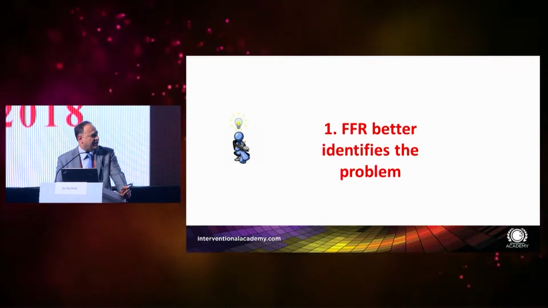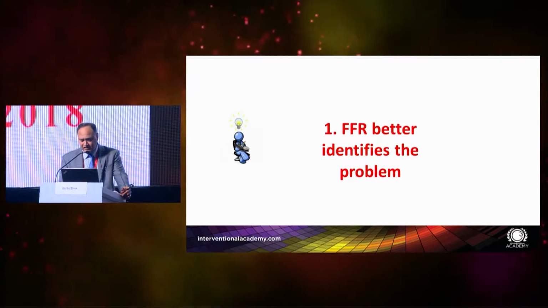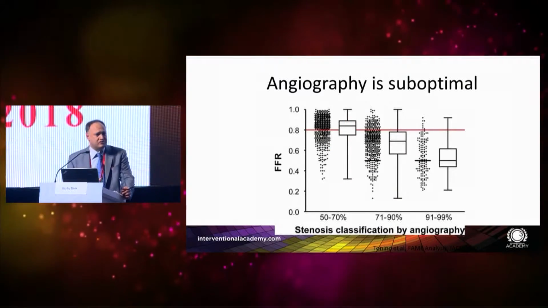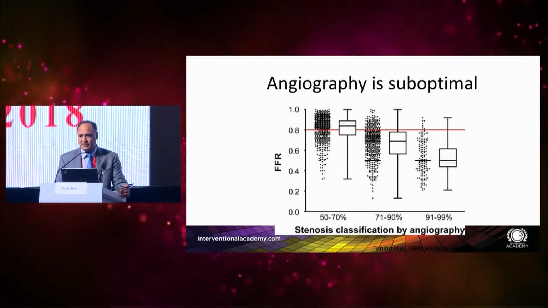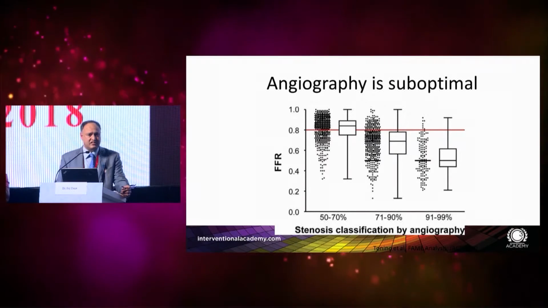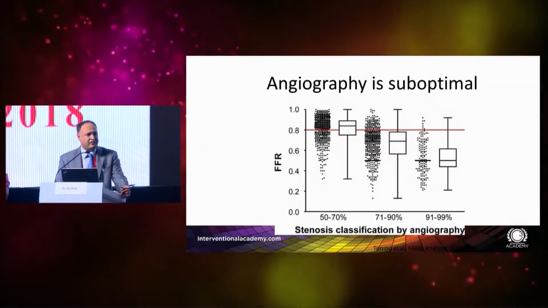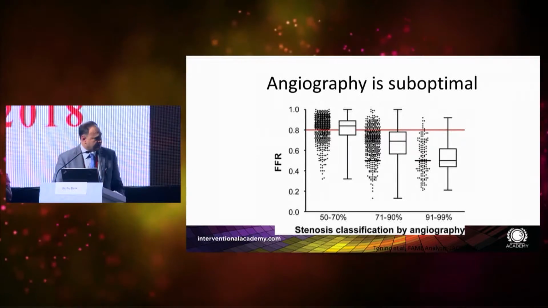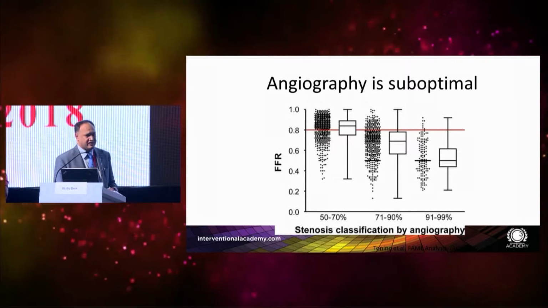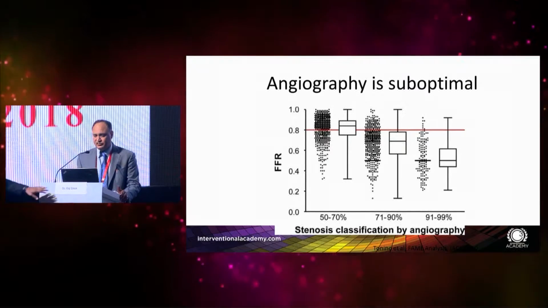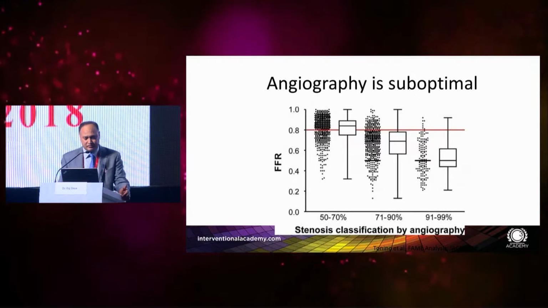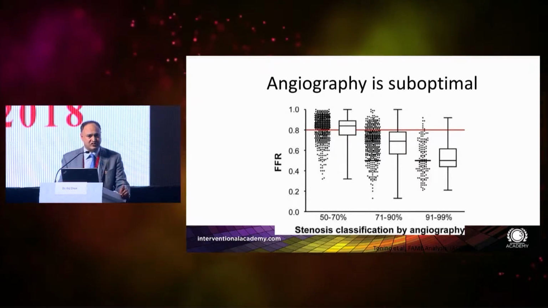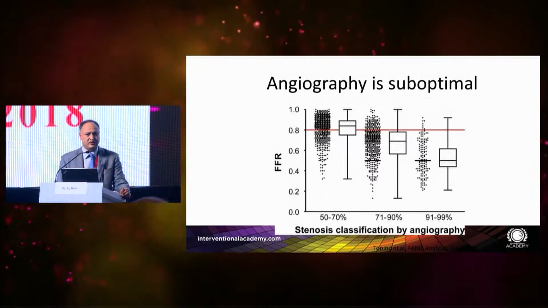Now, why is that? FFR identifies the problem much better. It's remarkable to see the discordance between what your angiography determines to be a significant stenosis and whether FFR classifies that lesion as physiologically significant. On the very left of this graph, you have moderate disease, 50 to 70%, but almost 35 to 40% of these patients have physiologically significant stenosis.